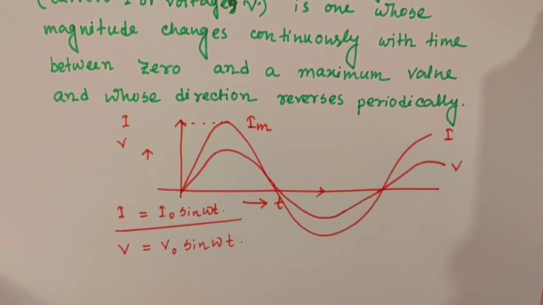Now if we want to discuss more about alternating current, we have seen how an AC generator produces an alternating EMF or voltage that varies sinusoidally with time. Such a voltage is called an AC voltage, and the current driven by it in a circuit is called the AC current.